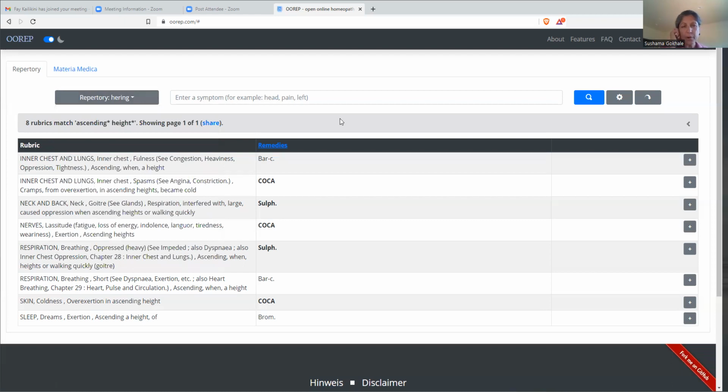And so when Maria said height sickness, I wrote the word ascending and I wrote the word height. Now you might use the word elevation and you will not find anything under elevation. So you have to think about that a little bit. What sort of words describe height?